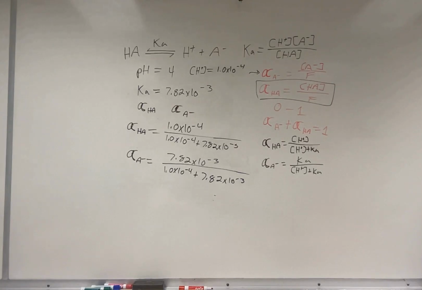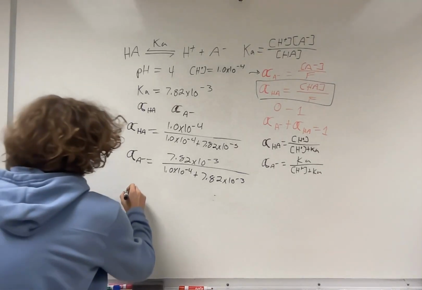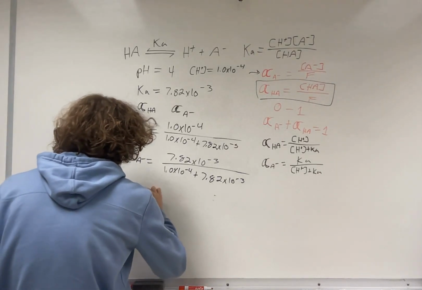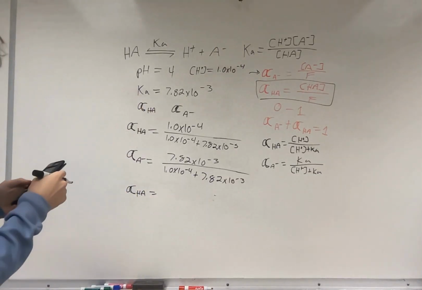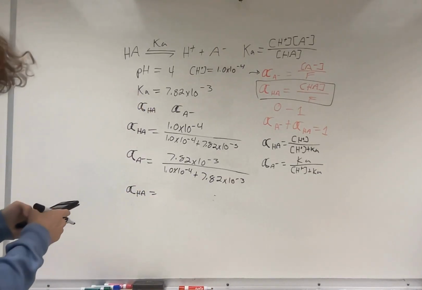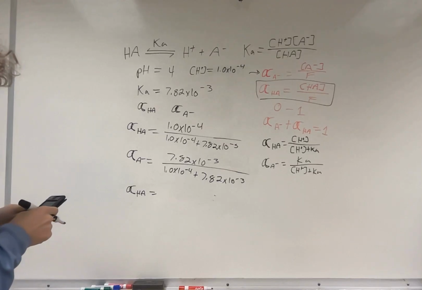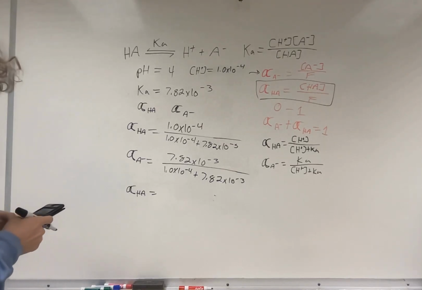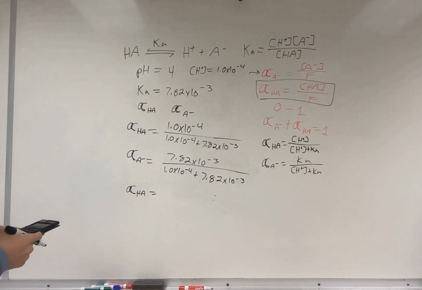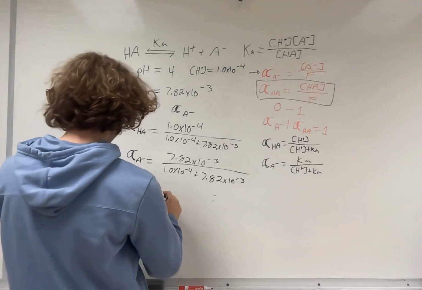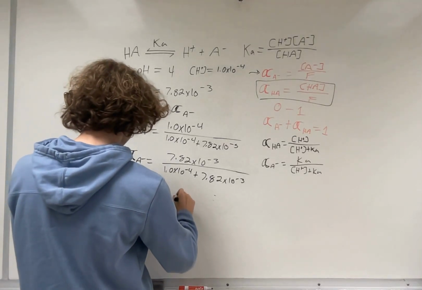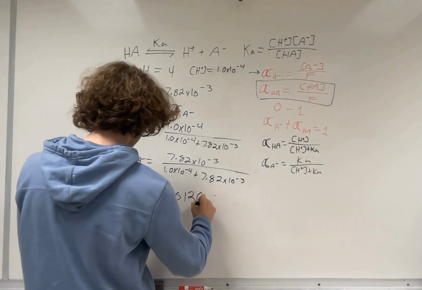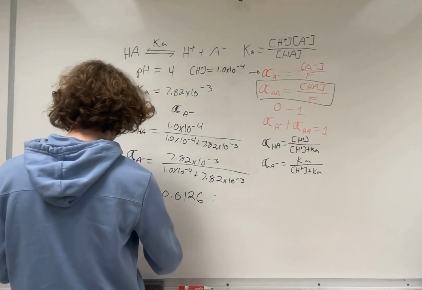But when we grab a calculator, let's calculate these respectively. So the fraction of the weak acid is 1.0 times 10 to the negative 4 over 1.0 times 10 to the negative 4 plus 7.82 times 10 to the negative 3. We're going to find that this fraction is very small. And let's also find that of A minus.